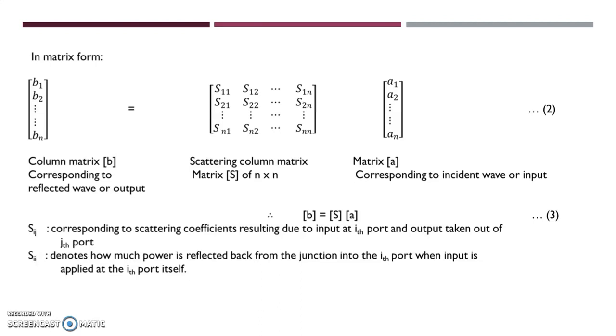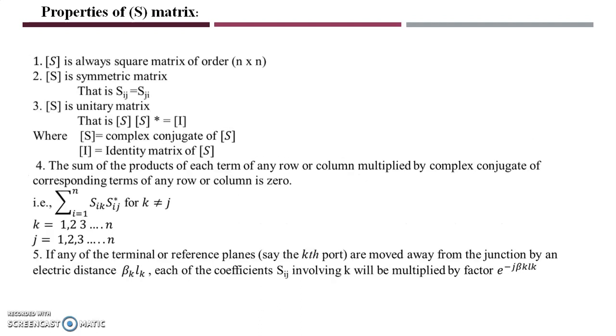So in general, you can write the equation B is equal to S into A, where B is the reflected matrix, A is the incident matrix, and S is called the scattering matrix. So this is an example for the n by n port. You can represent the scattering matrix in terms of incident and reflected waves. And from this scattering matrix, you can find out the incident power as well as the reflected power. So this is a scattering matrix.